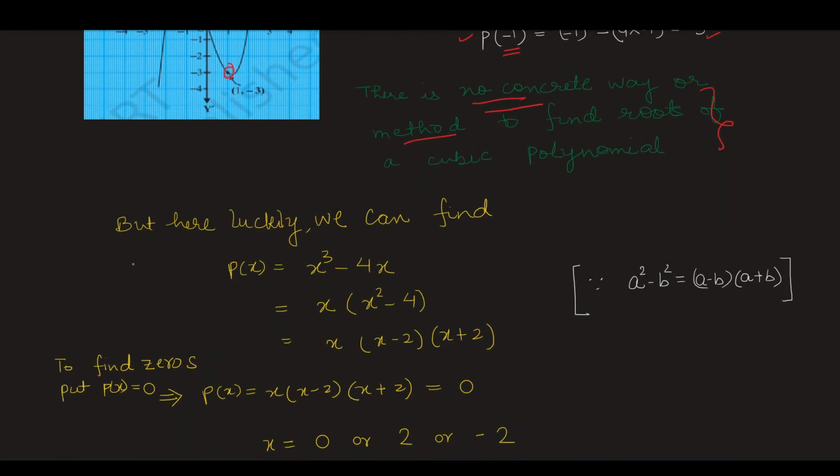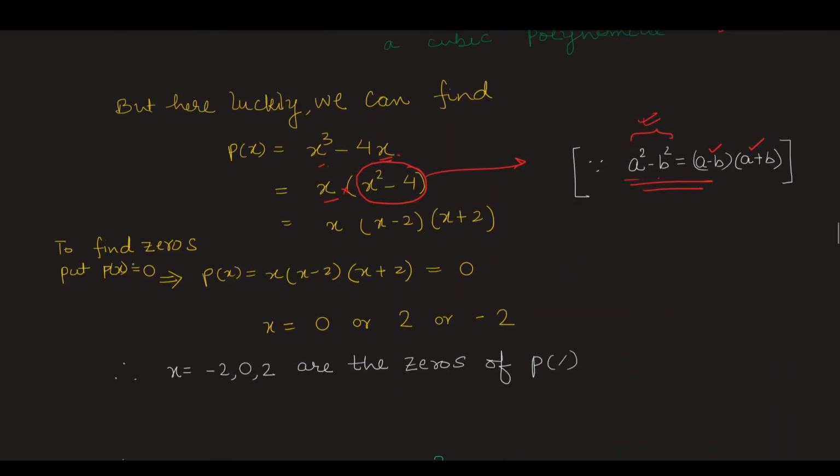We can take this x common from here and here. We can get x into x square minus 4. Then we can break this by applying this identity: a square minus b square is a minus b into a plus b. You should be very thorough with this identity, as it will be used again and again. Then we get x into x minus 2 into x plus 2.